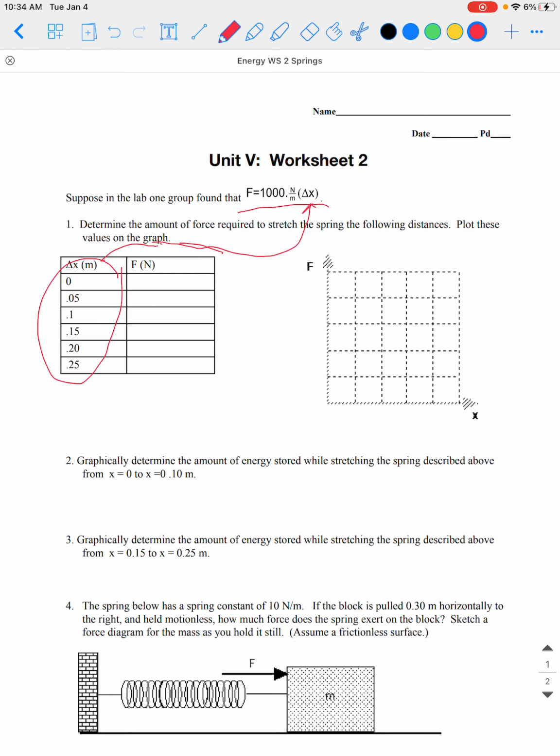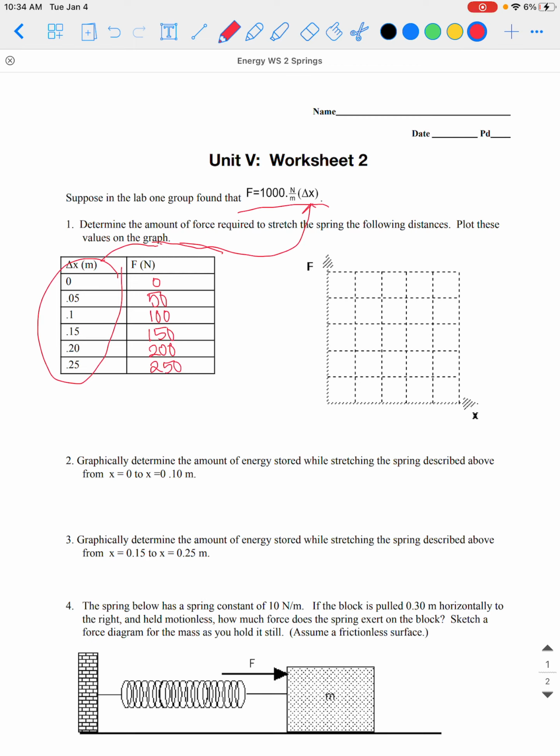I'm going to have you do this on your own, but the answers you get are going to be 0, obviously, 50, 100, 150, 200, and 250. Pretty simple math. This is all in newtons.